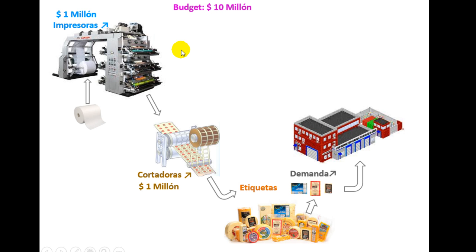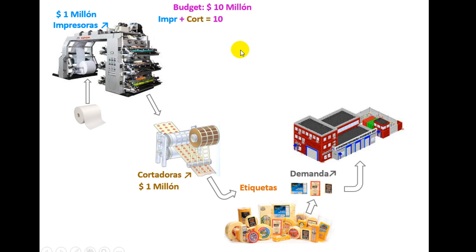So the quantity of printers that we buy plus the quantity of cutters has to be 10. In general you have quantity of printers times price of printer plus quantity of cutters times price of cutter, but in this simple case both have the same price.